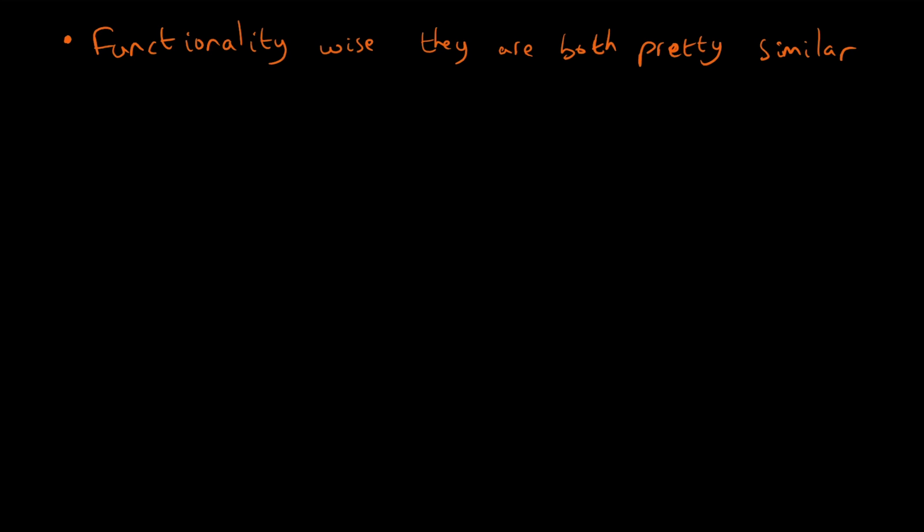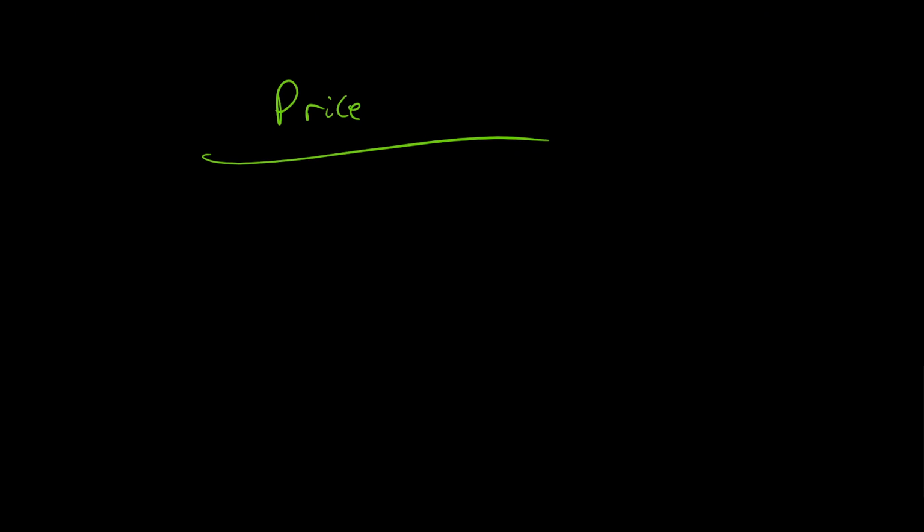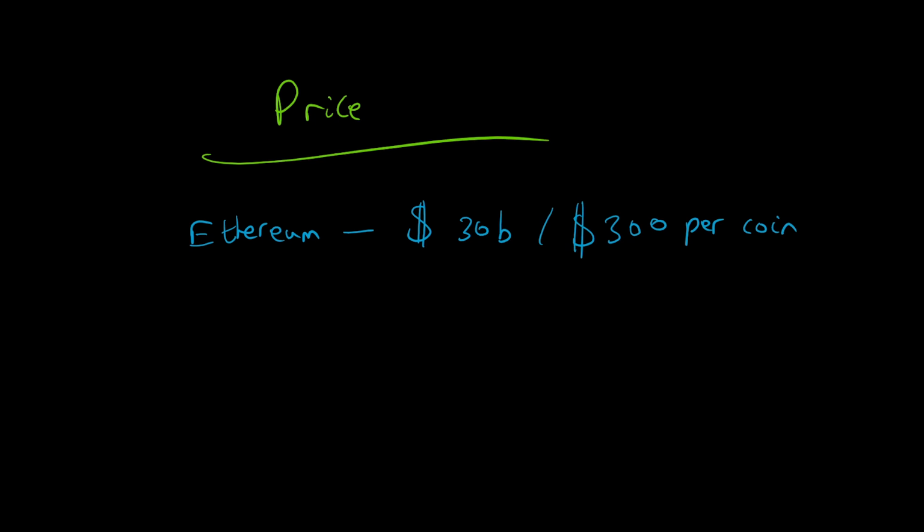One last thing I will actually cover is the price. So as of October 2017, to be exact, the 27th of October when I'm recording this video, the market cap of Ethereum is $30 billion, and it is worth $300 per Ethereum coin.